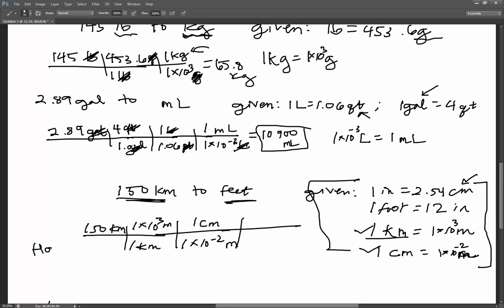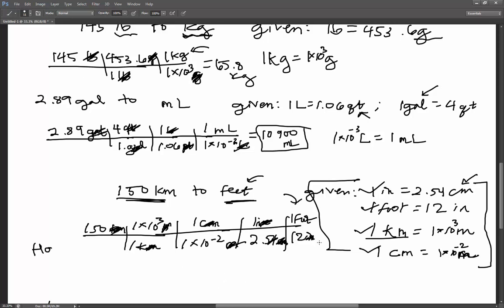Now I'm at centimeters because I've canceled out my kilometers and I've canceled out my meters. And so I'm going to use this guy right here that says 2.54 centimeters is equal to 1 inch. Centimeters cancel. Use that guy, and now 12 inches in a foot. 12 inches in 1 foot. Inches cancel. And I have feet, which is what they wanted, so I'm done.